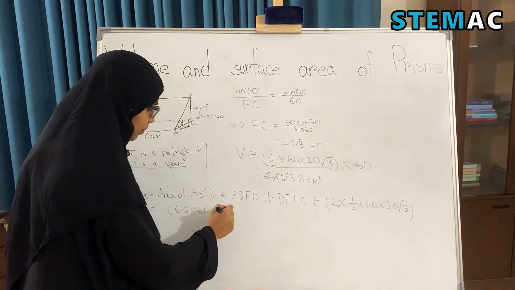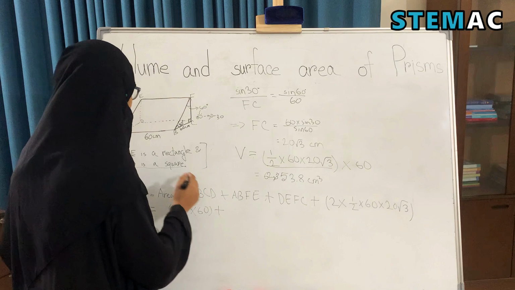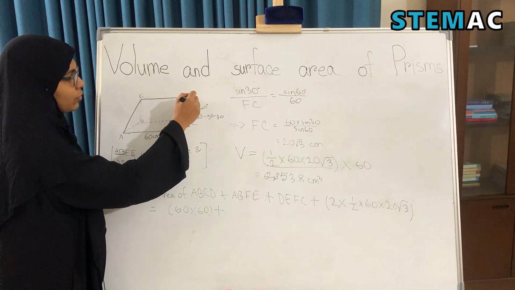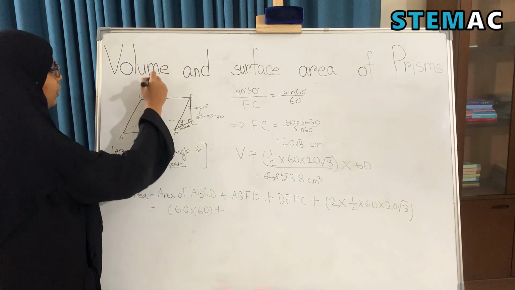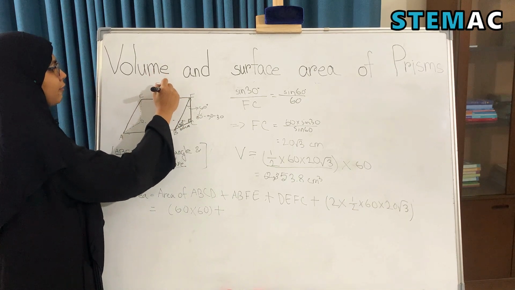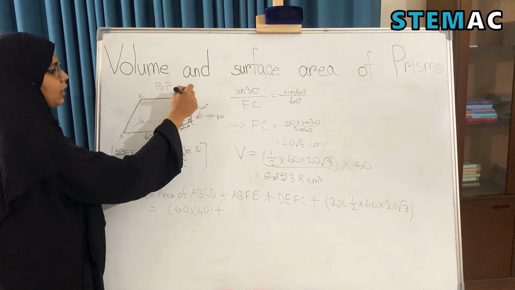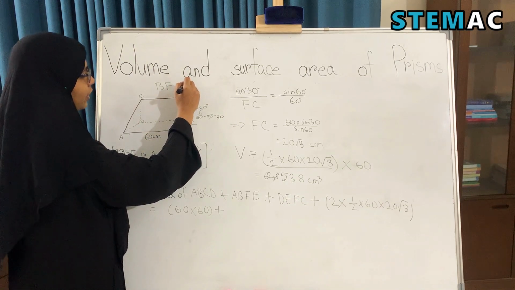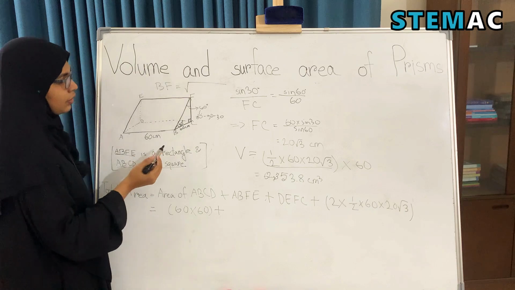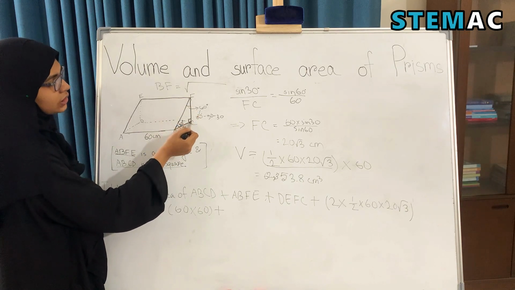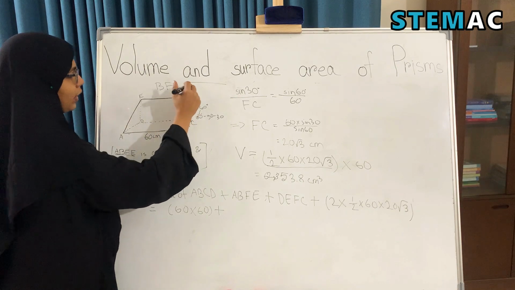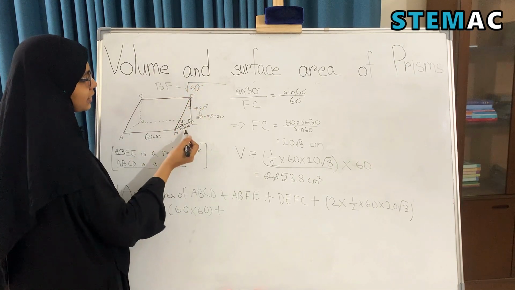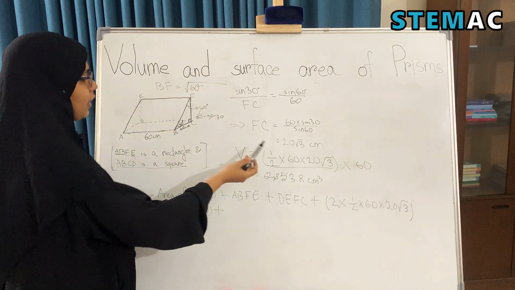So the length of the side BF equals root over FC square plus BC square. BC is 60, so 60 square plus FC square.